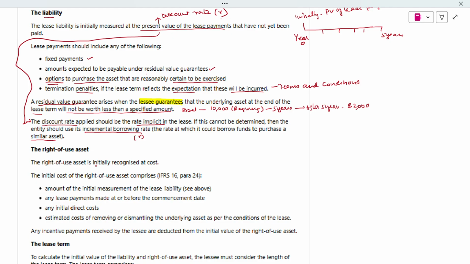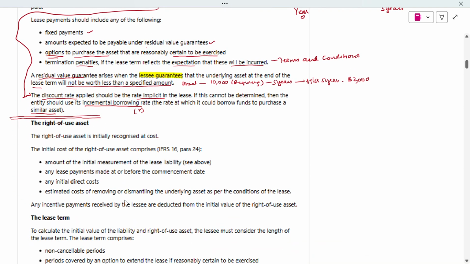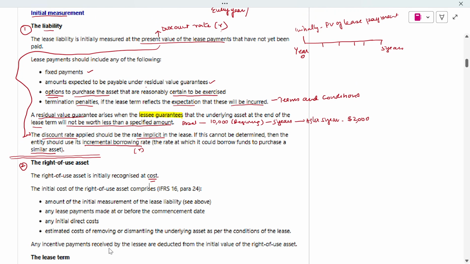This is the first one, the liability part. What is the asset part? Definitely, you are taking the asset on a lease. You have to recognize the asset at cost. Liability should be recognized at the present value.